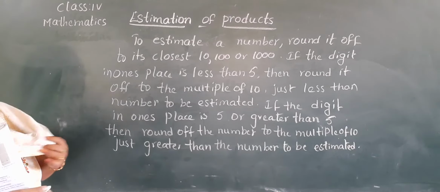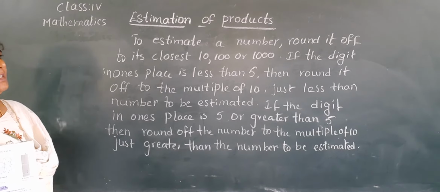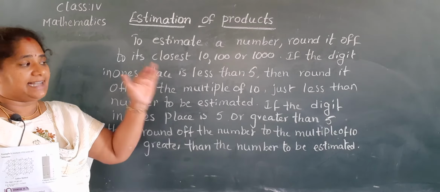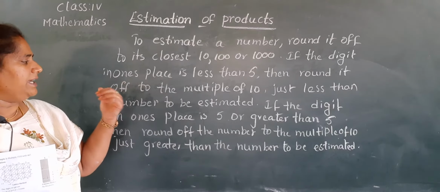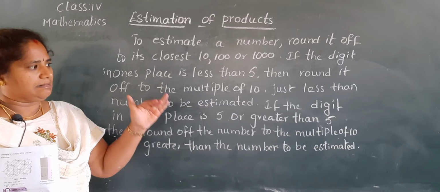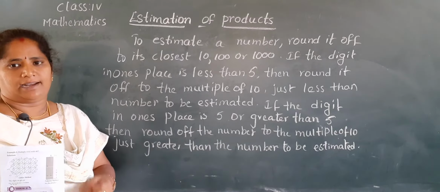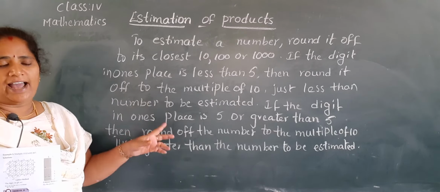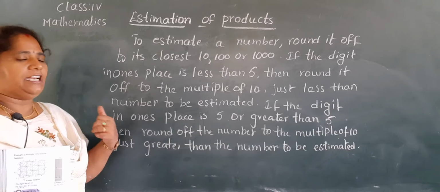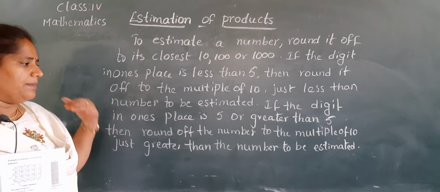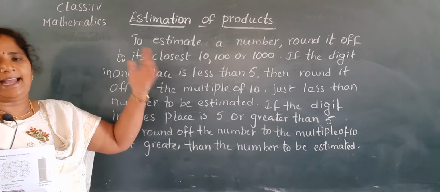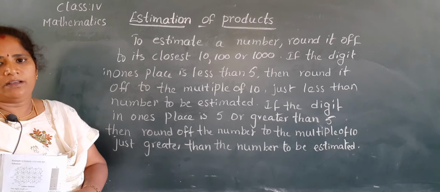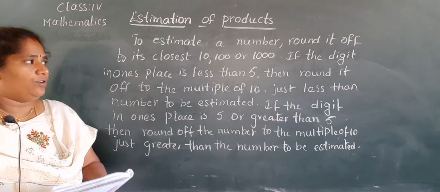So to estimate a number, round it off to its closest 10, 100 or 1000. If the digit in the ones place is less than 5, then round it off to the multiple of 10 just less than the number to be estimated. Okay? If the digit in the ones place is 5 or greater than 5, then round off the number to the multiple of 10 just greater than that number. That means we have to write the next multiple of 10. Is it clear to you? Note down in your classwork.